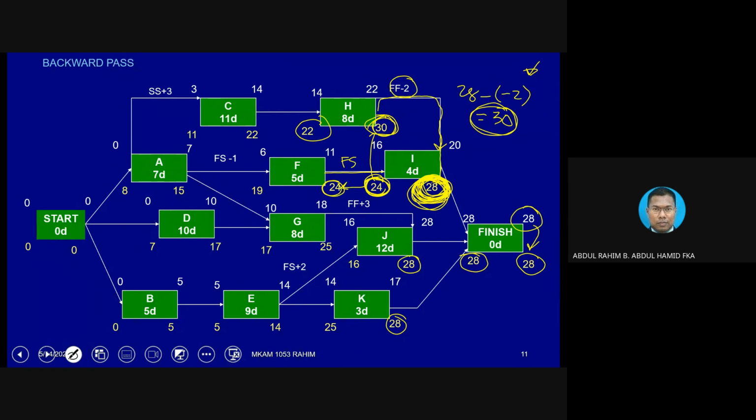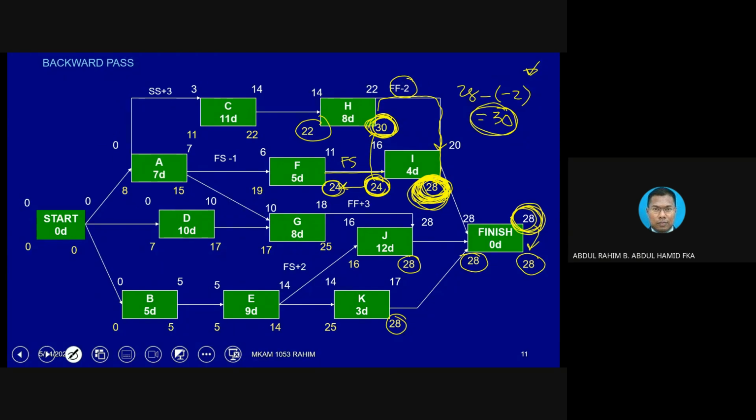Well, you thought that your calculation is correct. But you notice something weird about this issue. You notice the value of 30. When do we finish the project? We are going to finish the project on day 28 only.